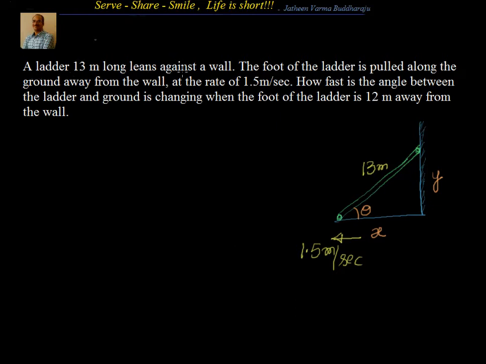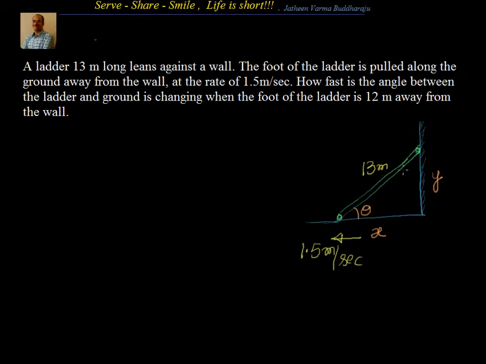A ladder 13 meter long leans against a wall. We have done that. The foot of the ladder is pulled along the ground away from the wall at the rate of 1.5 meter per second. How fast is the angle between the ladder and the ground changing when the foot of the ladder is 12 meter away from the wall?